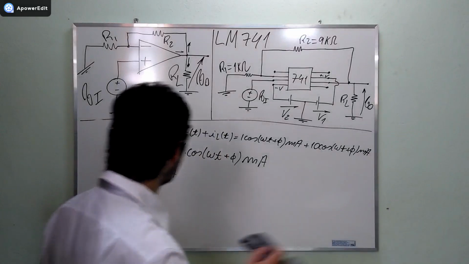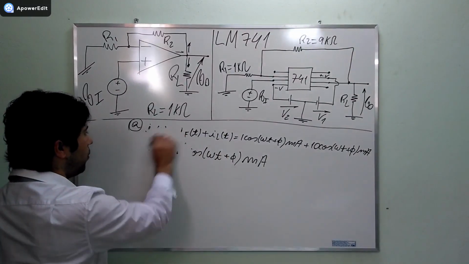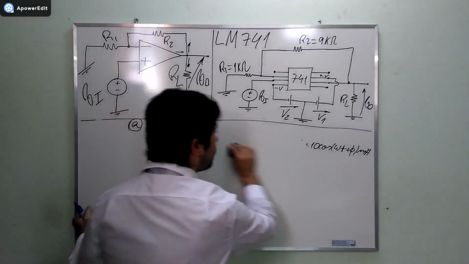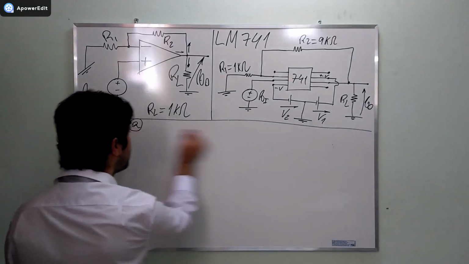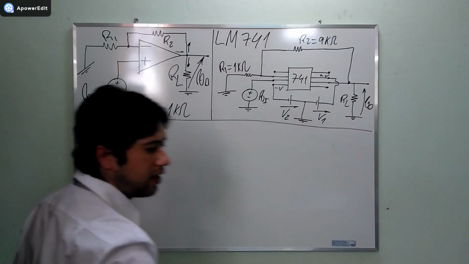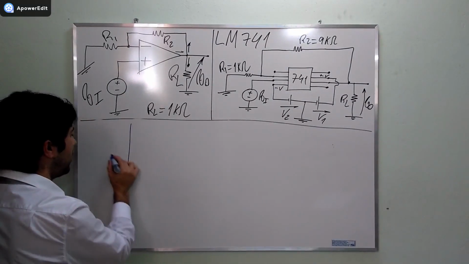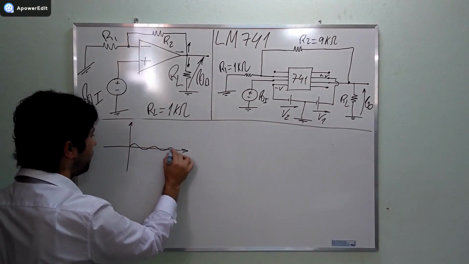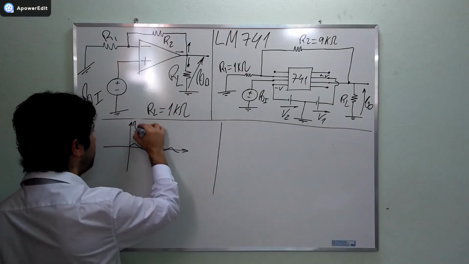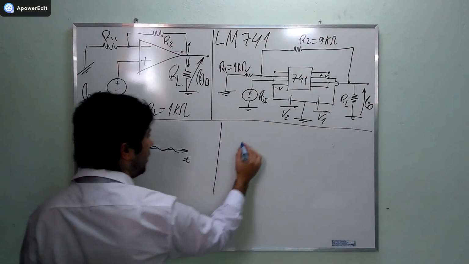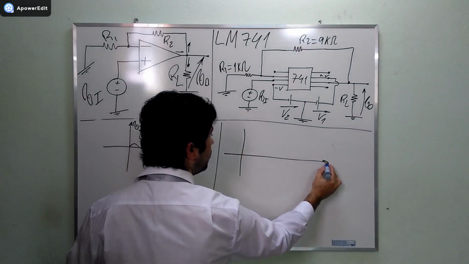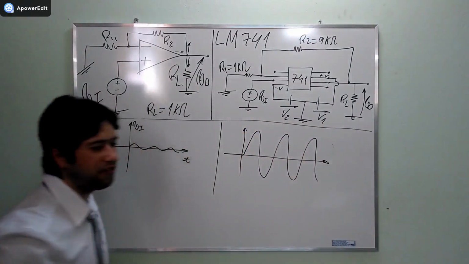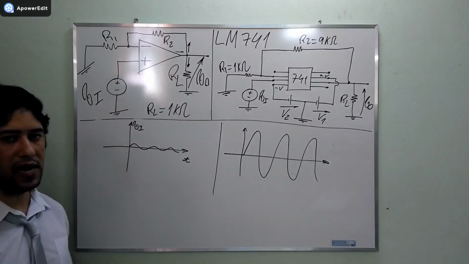Okay, and just to illustrate what's gonna happen for letter A, we are going to have an input signal of the sort. And here, this is Vi, this is T, and here at the output, we are going to have a signal that is amplified.